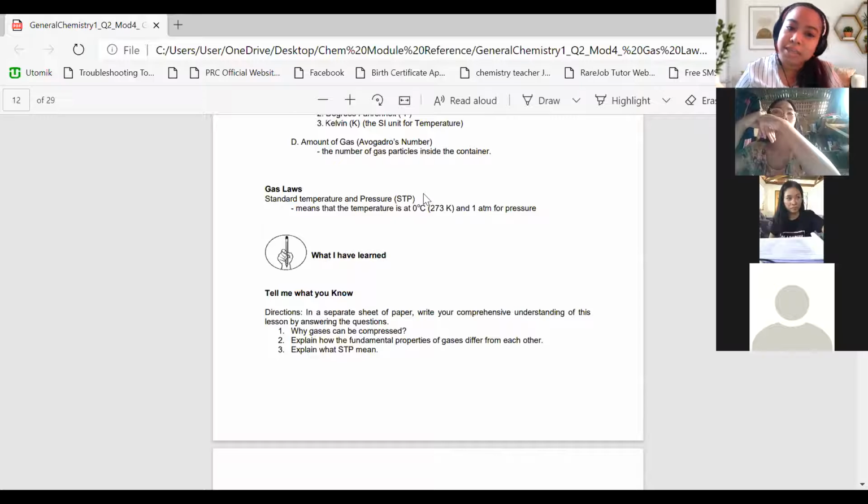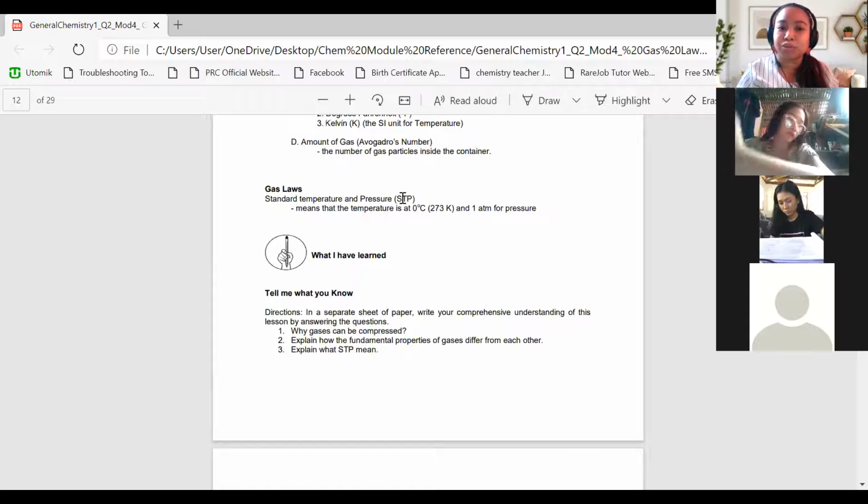So when we say STP or standard temperature and pressure, in most calculations or problem solving, they will not write the values, but they will just write, for example, in standard temperature and pressure, what will happen to the number of particles, or what will happen to the pressure, or the volume if you increase the number of particles.